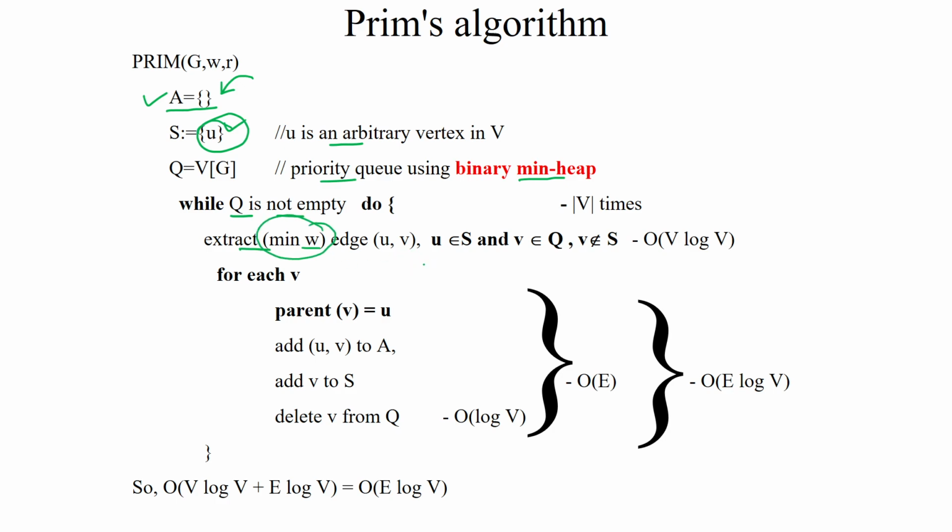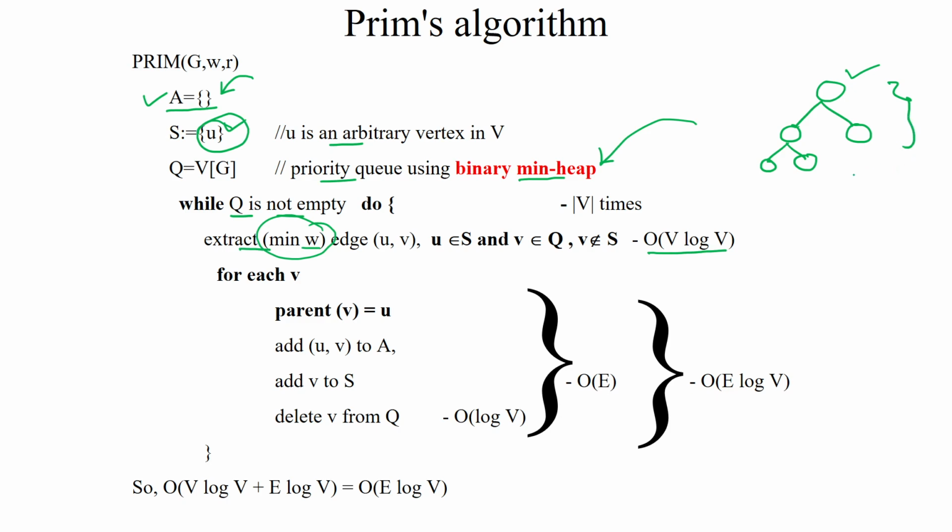For selecting that minimum weight edge, we will consume order of V log V, because we are using the min heap, and the min heap will be available in this manner. The minimum weight edge will be available at the root. After selecting this, again we have to restructure that data so that the next minimum weight edge comes as the root.